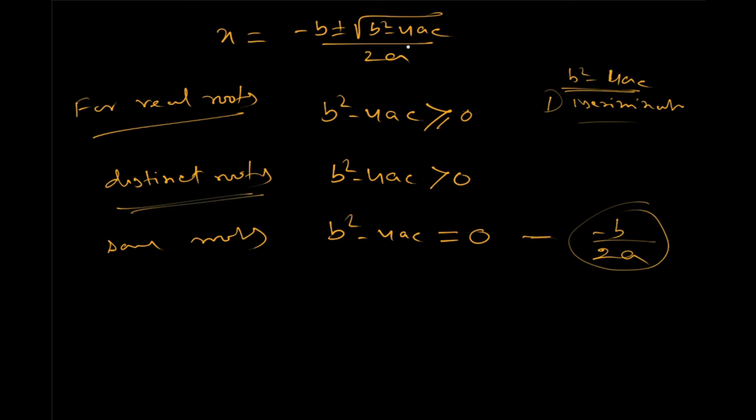When it is 0, the roots will be the same. And when the discriminant is less than 0, there will be no real roots. They will be imaginary, and these roots are called complex. We will discuss more about the complex roots later. Okay, that's all for now.